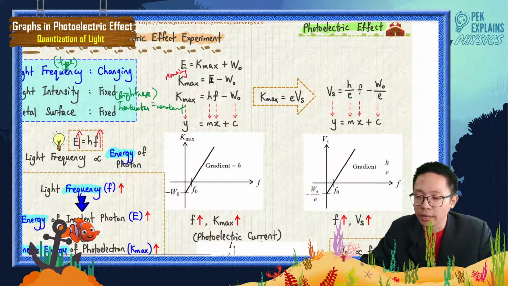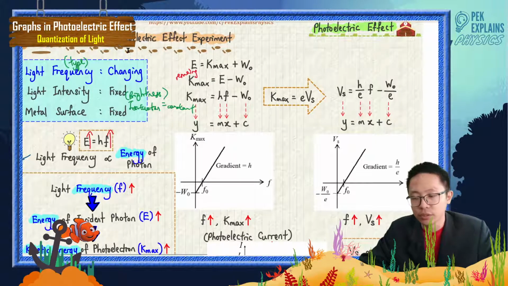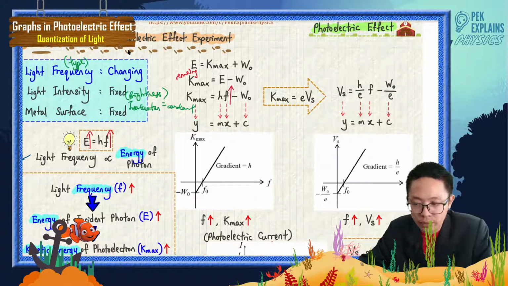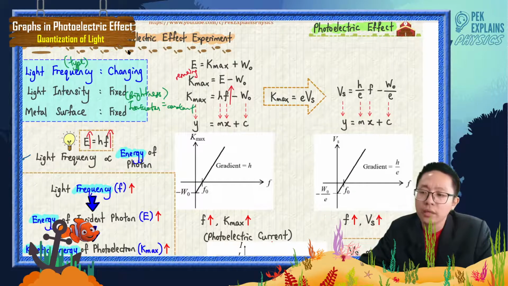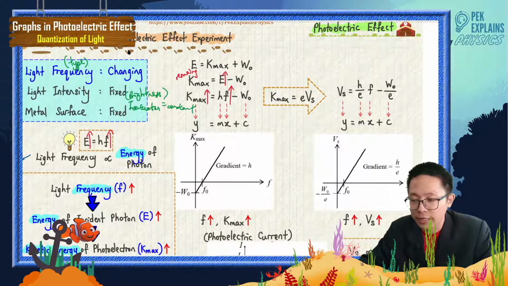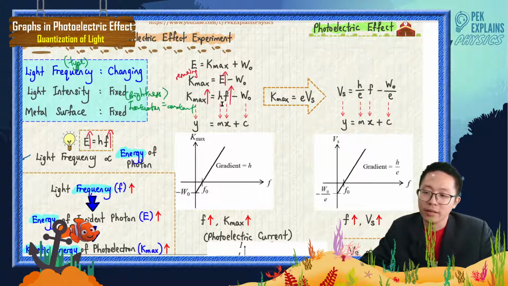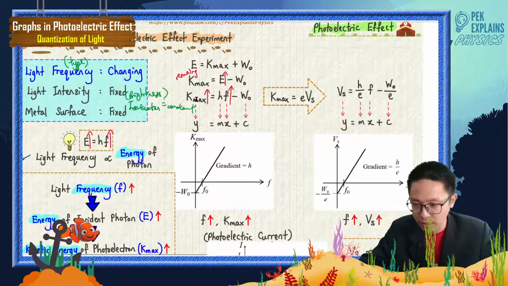The energy of the photon is hf. So we can see from here also, the higher the frequency of the photon, the more energy of the photon, the higher the remaining kinetic energy on the electron. So Kmax equal to hf minus work function.